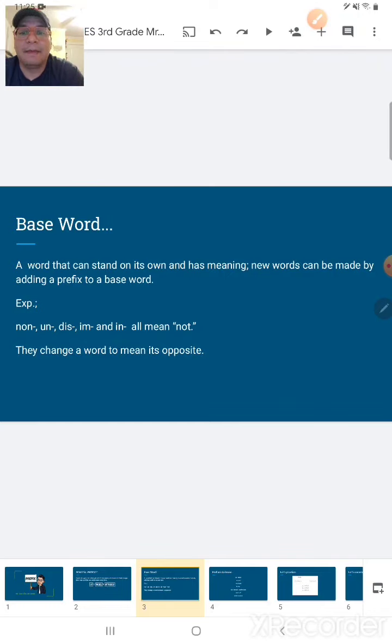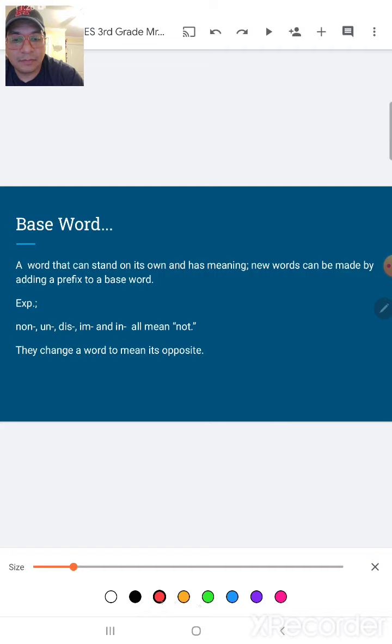For example, here we have some of the very common ones that we've seen, right here: non, un, dis, im, or in. These all mean not, right?